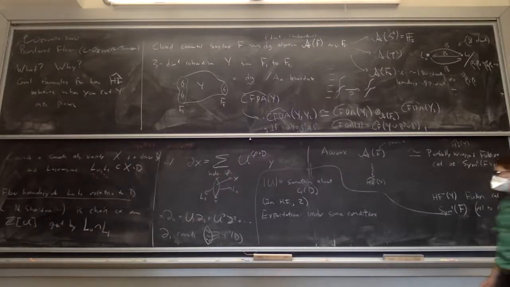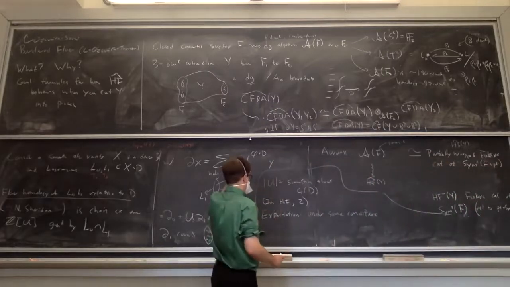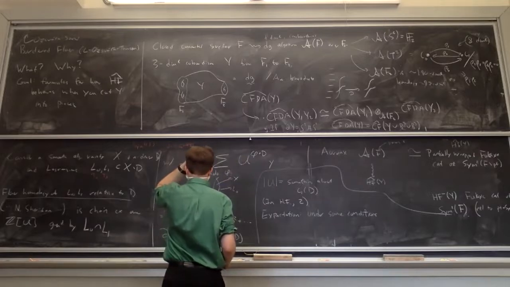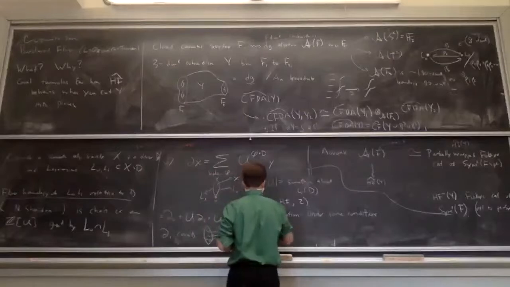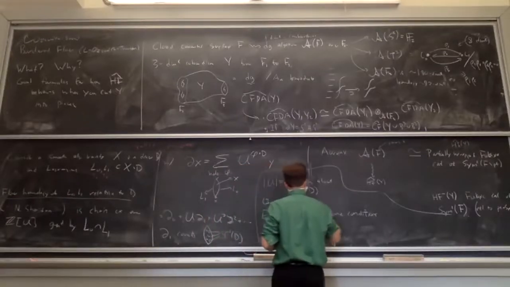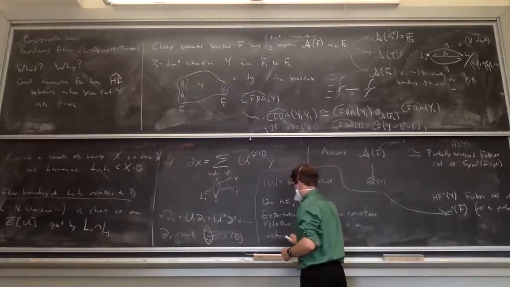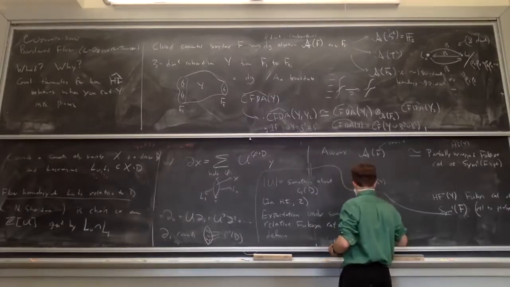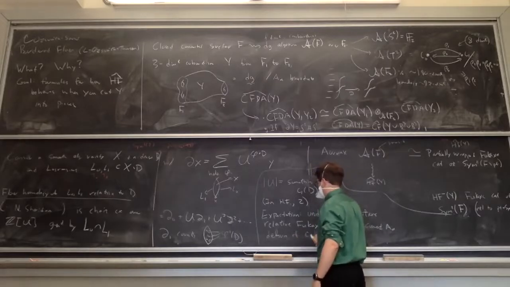Fine. I'll finish the sentence just because I'm in the middle of it. So anyway, the expectation that under some conditions, for this relative Fukaya category is a curved A infinity deformation of the compact Fukaya category.